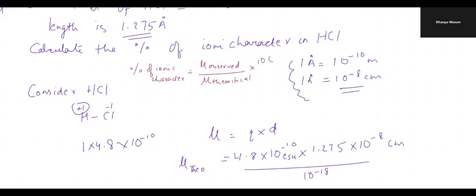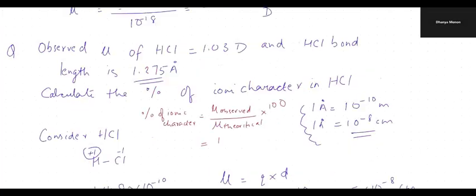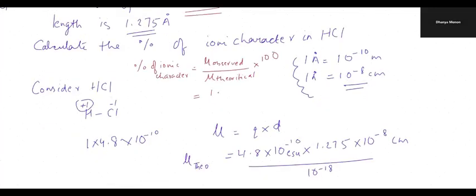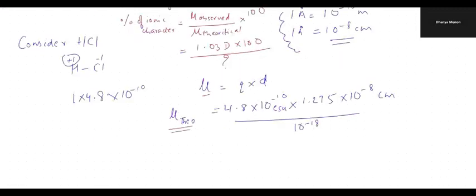Mu observed is given in the question. How much is it? Just check, it is 1.03, times 100, divided by mu theoretical, which we are finding. By what formula? Q times D.